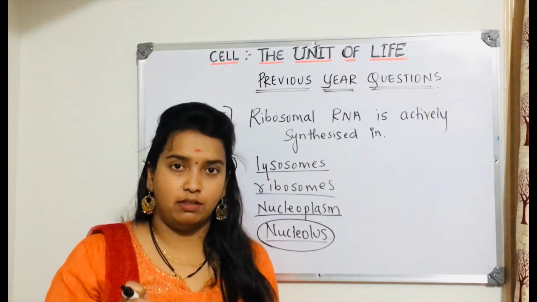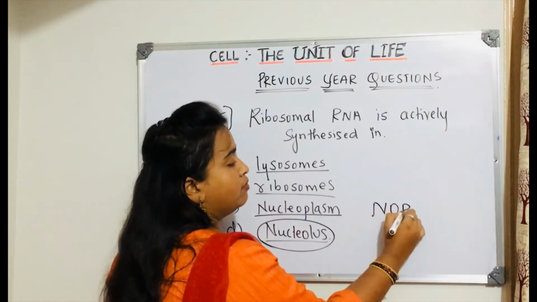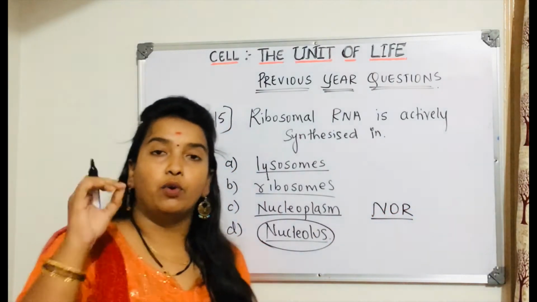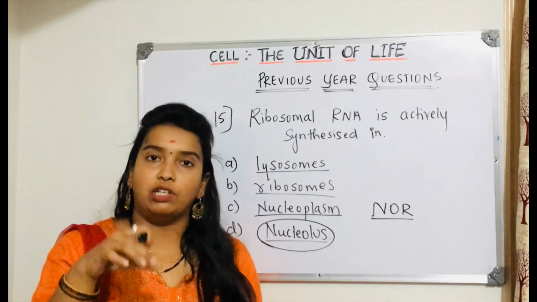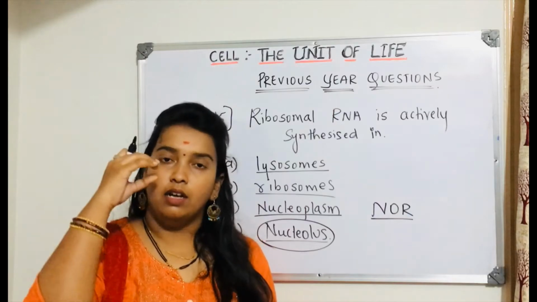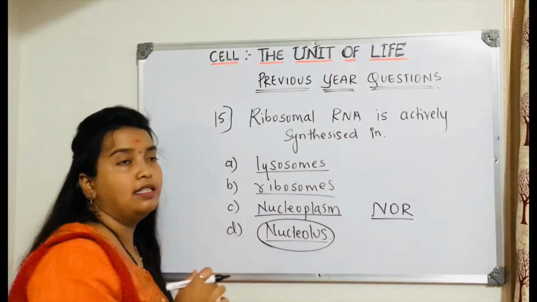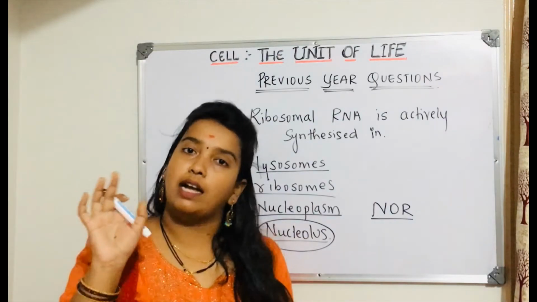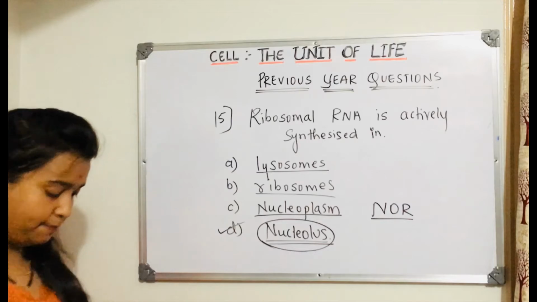Chromosomes have a region we have already discussed, the NOR region, the nucleolar organizing region. In that region, the proteins and the ribosomal RNA are synthesized in the nucleolus. So the answer is nucleolus. Clear? Answer is D.